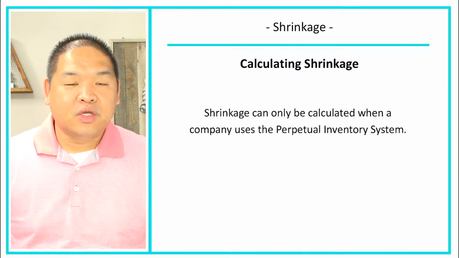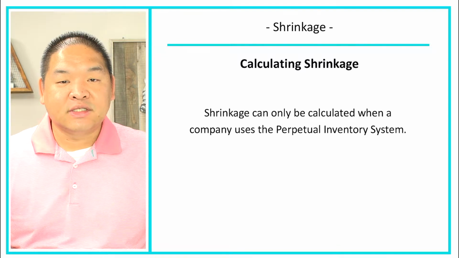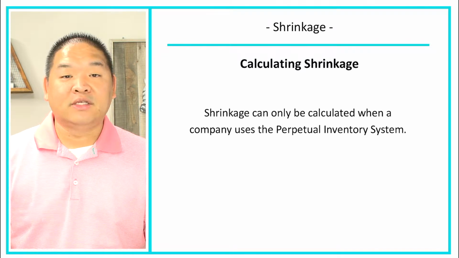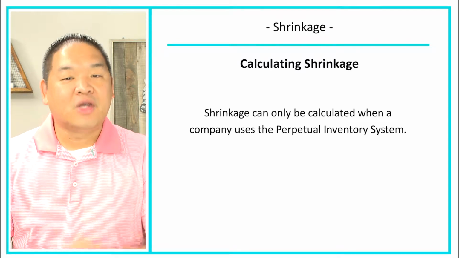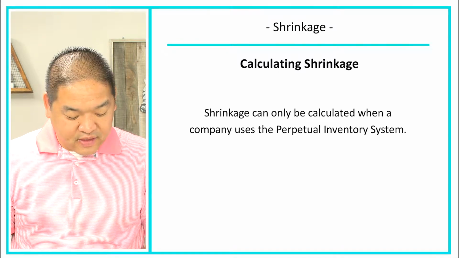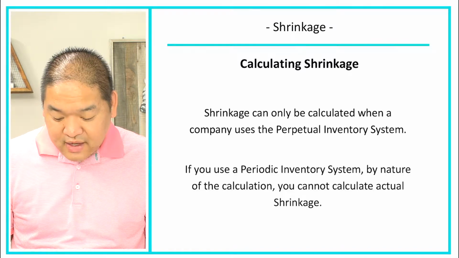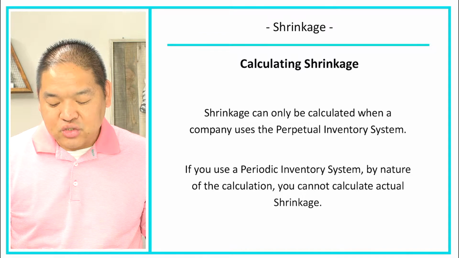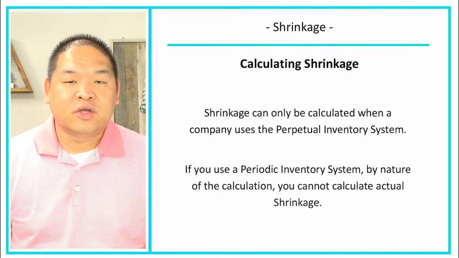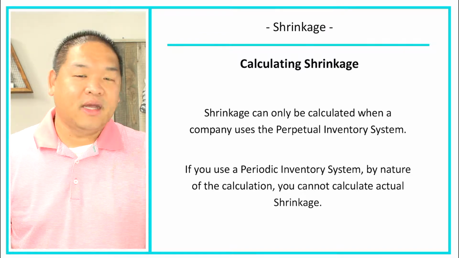Otherwise, there is really no way for periodic inventory system companies to calculate shrinkage. You have to use the perpetual inventory system. If you use the periodic system, by nature of the calculations, you just can't calculate shrinkage. Trust me, you can't.